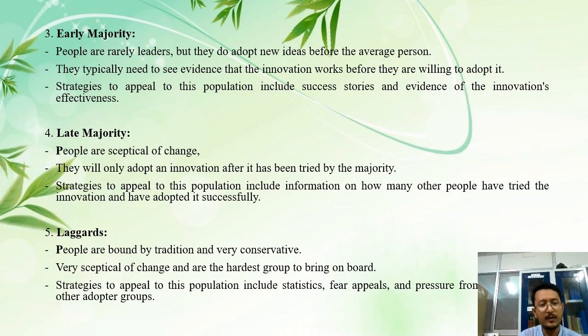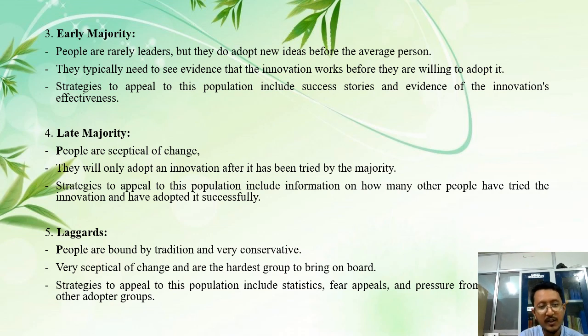Next group of people are known as late majority. Now, these are the people who are really skeptical of change. They are resistant to change, and they will adopt the idea or the innovation only after it has been tried by the majority of the population. How do marketers appeal to them?